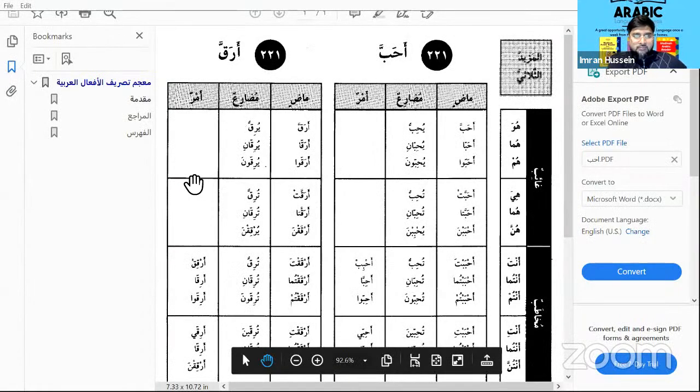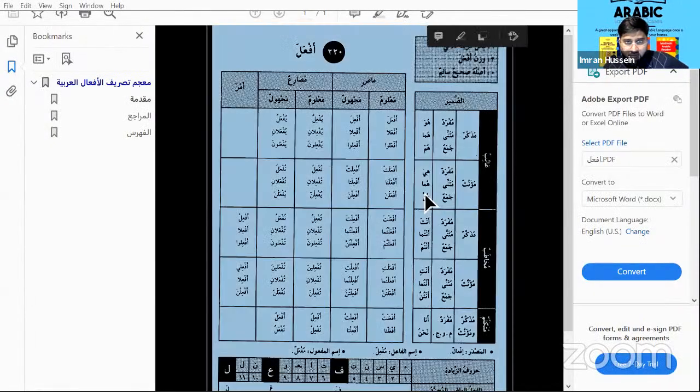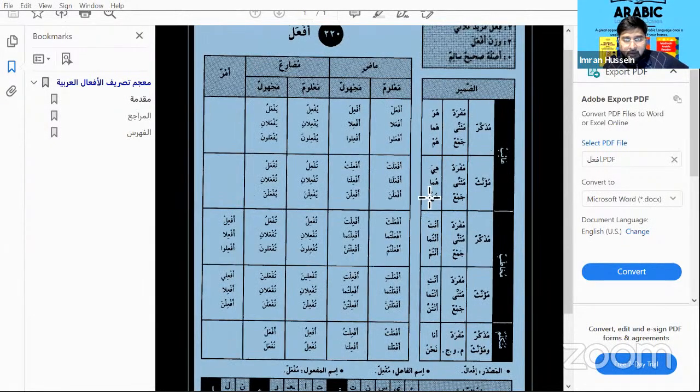Right. So what I need you to do, Qurratul Ain, is conjugate. Okay, here are the four-letter verbs.